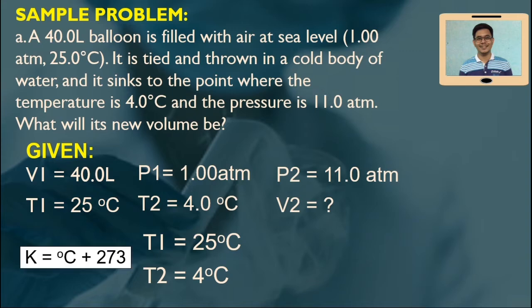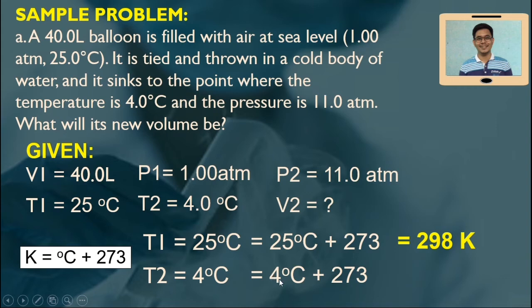Using our formula, K is equal to degrees Celsius plus 273, you just substitute your given degrees Celsius into this formula in order to get its absolute temperature. So we substitute the 25 degrees Celsius, just add 273. Same thing with 4 degrees Celsius plus 273, and then we have our initial temperature of 298 Kelvin, and our final temperature is 277 Kelvin.